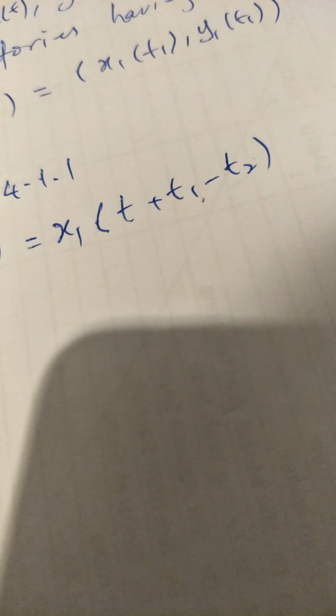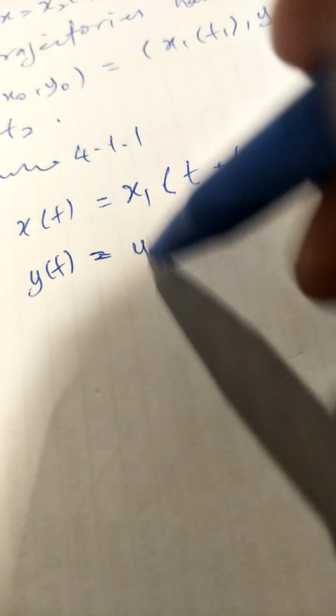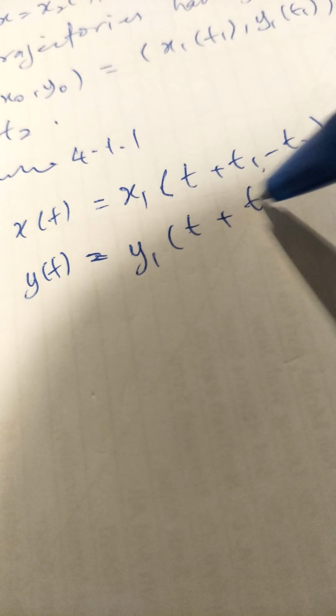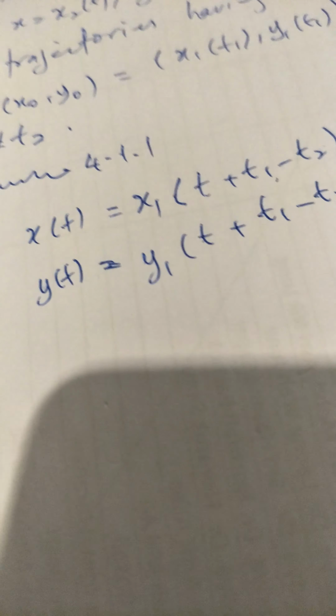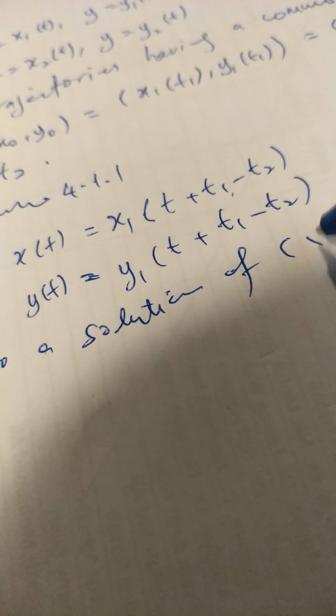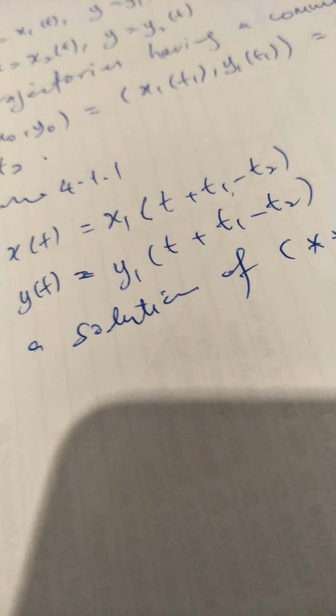So since x(t) is a solution, if we take x equal to x1(t + t1 - t2), y equal to y1(t + t1 - t2), this is also a solution of our autonomous system, double star.